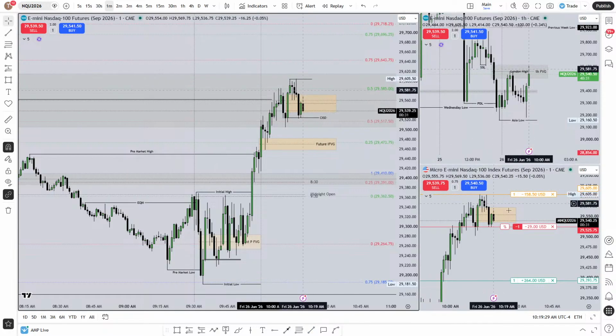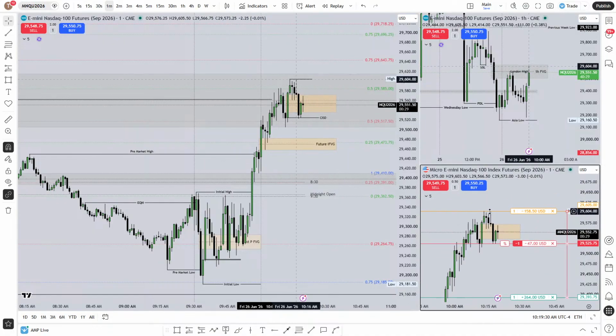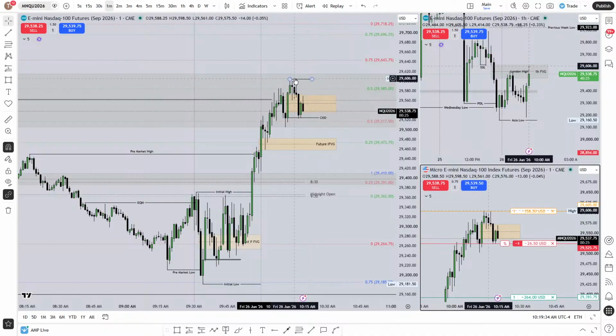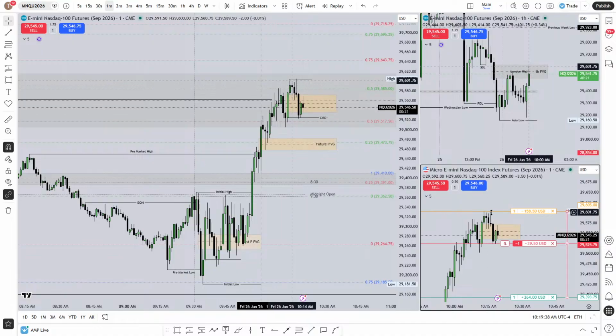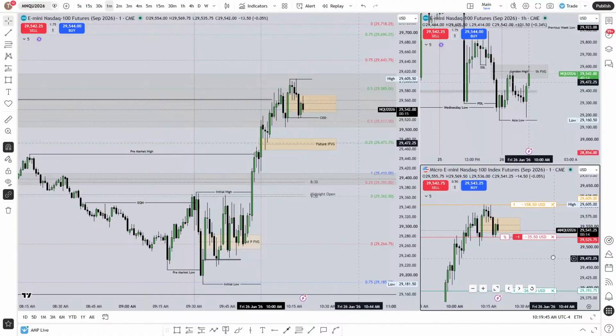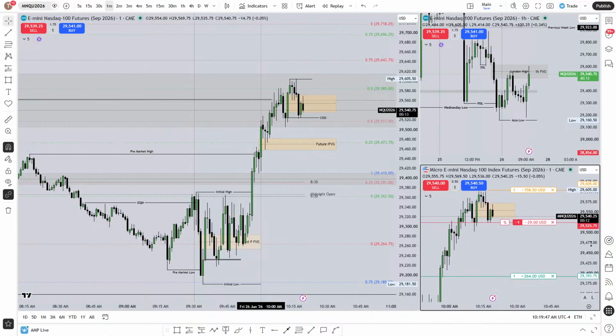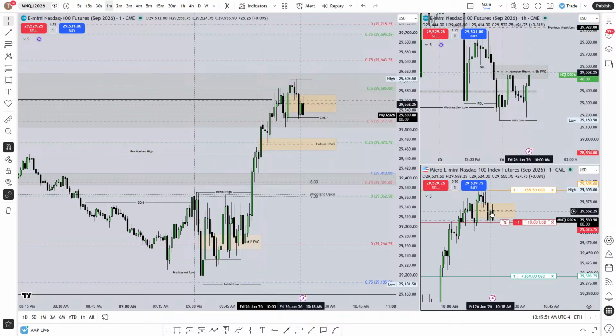So there's kind of like SMT on the micro contract versus the mini contract. We swept this little high right here, and we did not on the micro. So it looks like relative equal highs right here on the micro, but it actually is swept. I just need to see this midpoint hold.